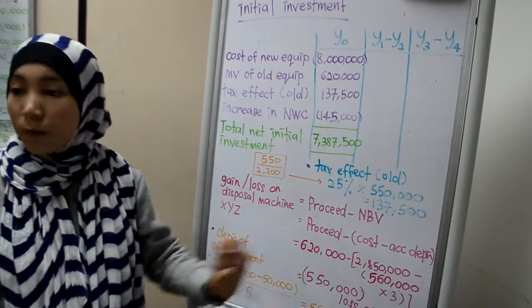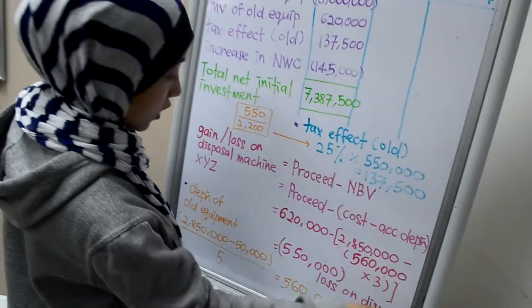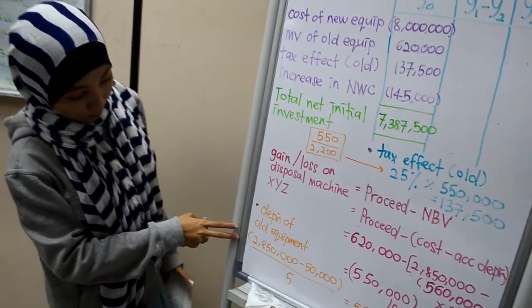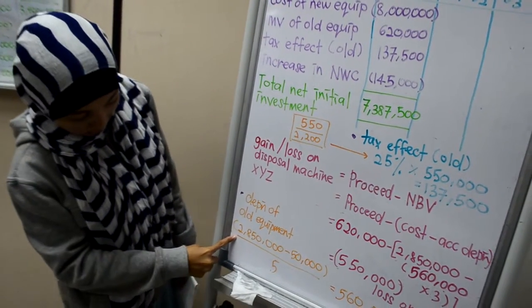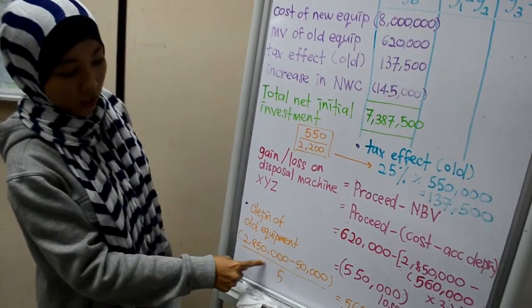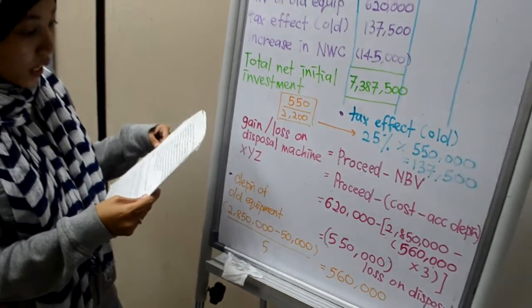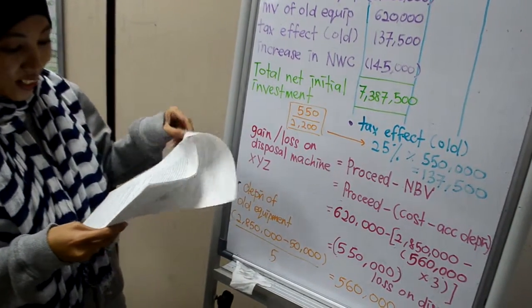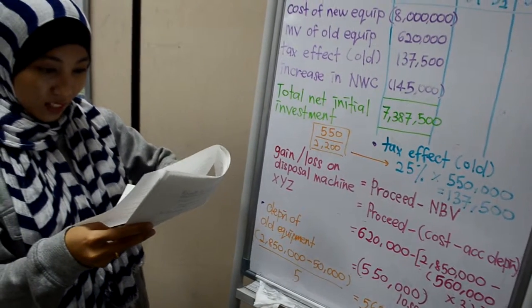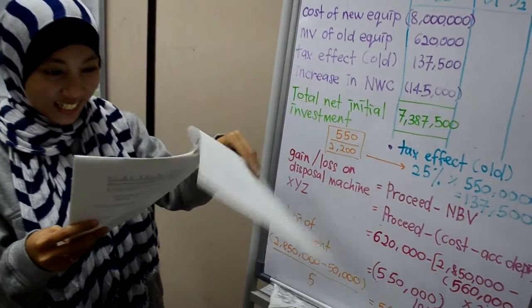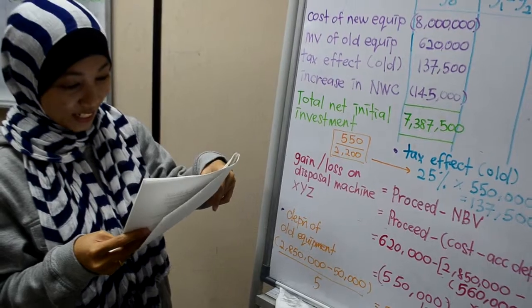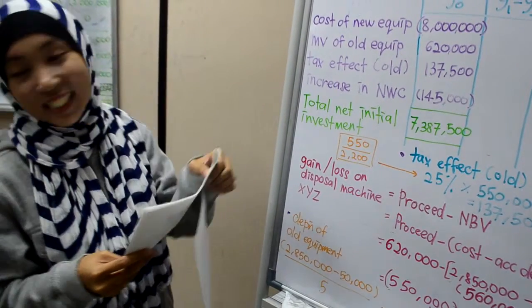So that's why. Yes, do you have anything? I want to ask. Alright, good question. Okay, how we get that 560,000 is that by taking the cost 2,850,000 minus the salvage value, which is mentioned in the question, information number 3 also.